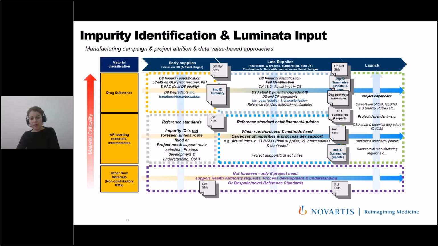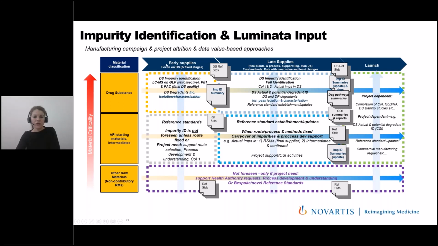This is just a map showing where we are planning to use or already using Luminata as part of our data management. So you can see that we start from the bottom, the raw materials or the non-contributing raw materials, the API starting materials and the intermediates, so the process data, and then at the end the drug substance.